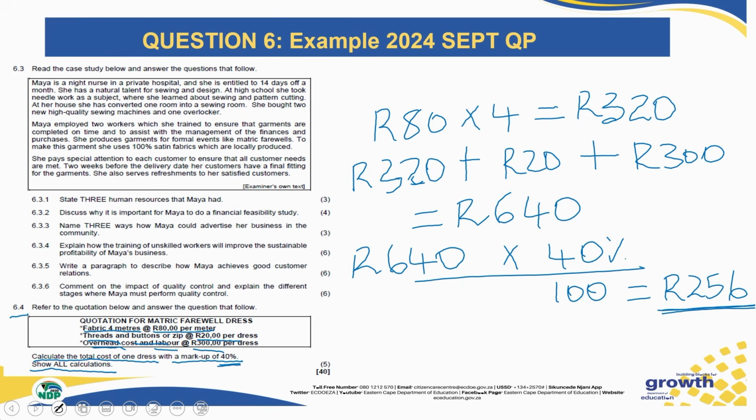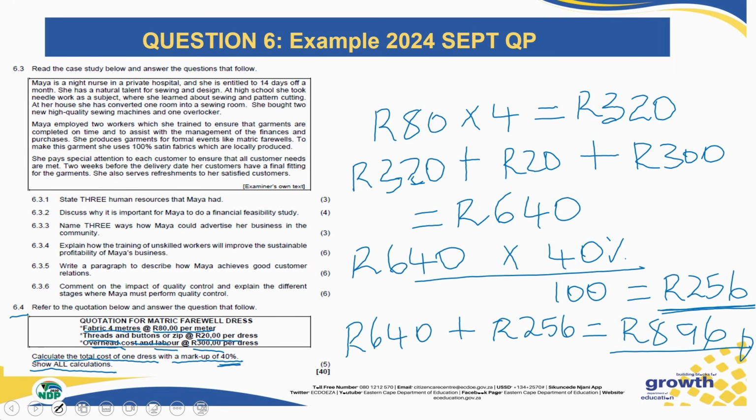To get the total cost, you add your production cost plus your profit or the markup of 256, and the total cost of one dress amounts to 896 rands. This is how you calculate the production cost, the markup, and the selling price or the total cost of an item or of a dress.